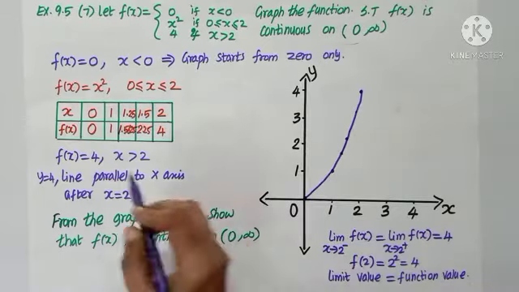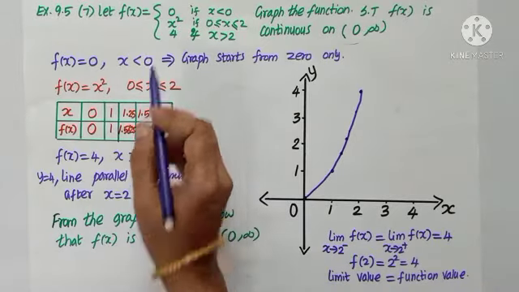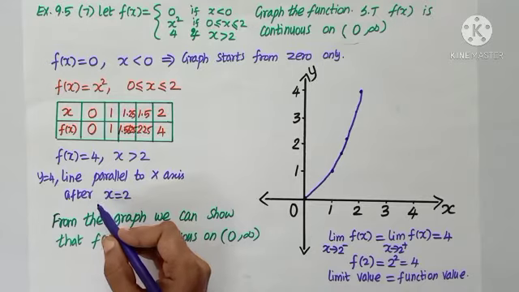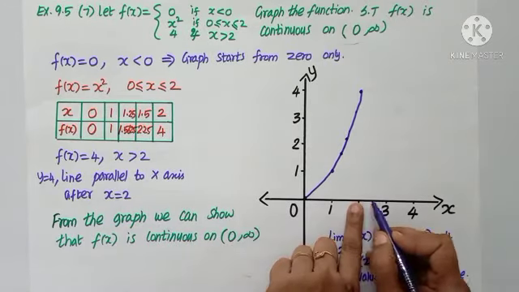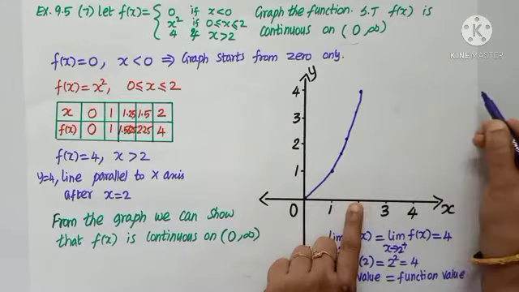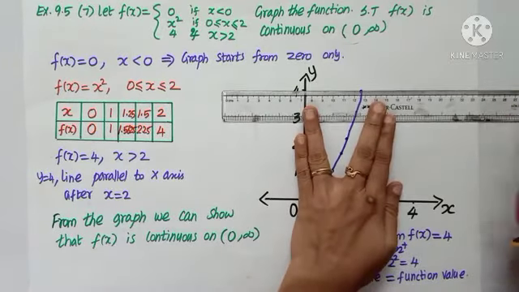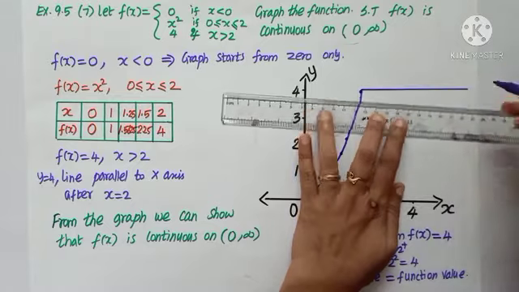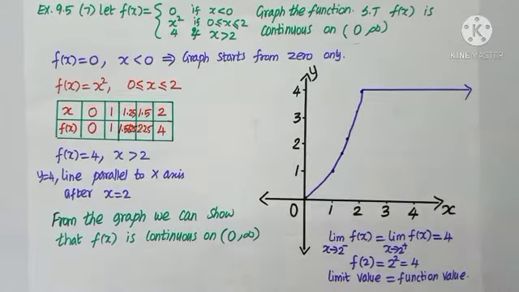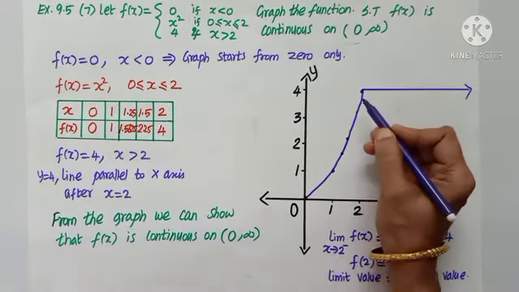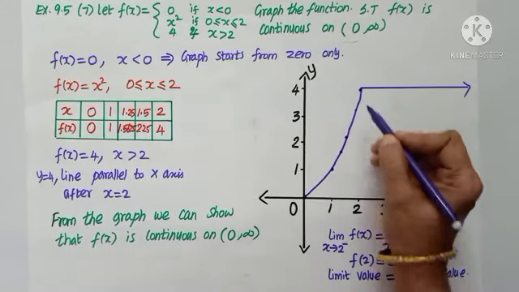After 2, see what is given in the diagram, 4. From 2 onwards, it is completely 4. So, it is a straight line parallel to the x-axis which goes on and on. As I look at the diagram, from 0, it goes up to 2 for 4.